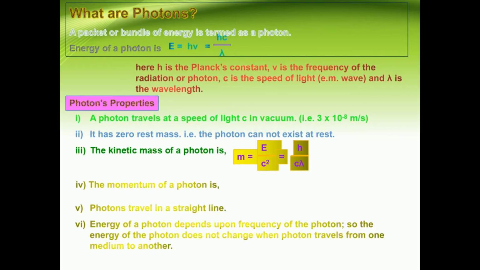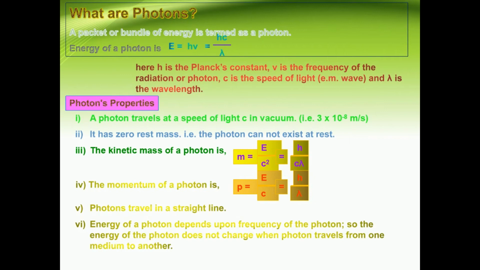It is also equal to h by c lambda, because we divide E by c square. So according to that, it is h by c into lambda. Then photon momentum p is equal to E by c, energy of photon divided by speed of light in vacuum, equal to h by lambda. Photons always travel in a straight line.